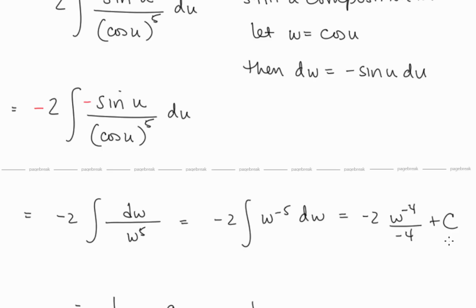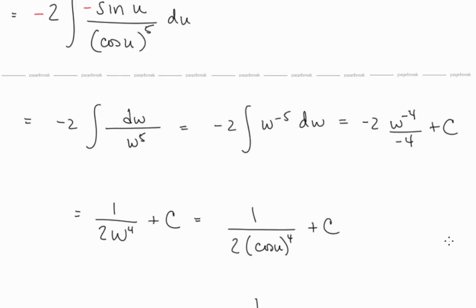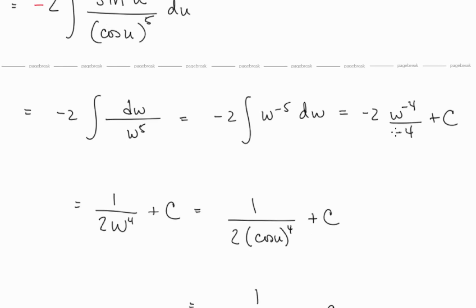Now we're almost done. We just want to simplify and get this problem back into its original variable. So simplifying, the negatives will cancel and we'll have a 2 in the denominator. And the w to the 4th is brought down to the denominator as well. So we have 1 over 2w to the 4th plus a constant.